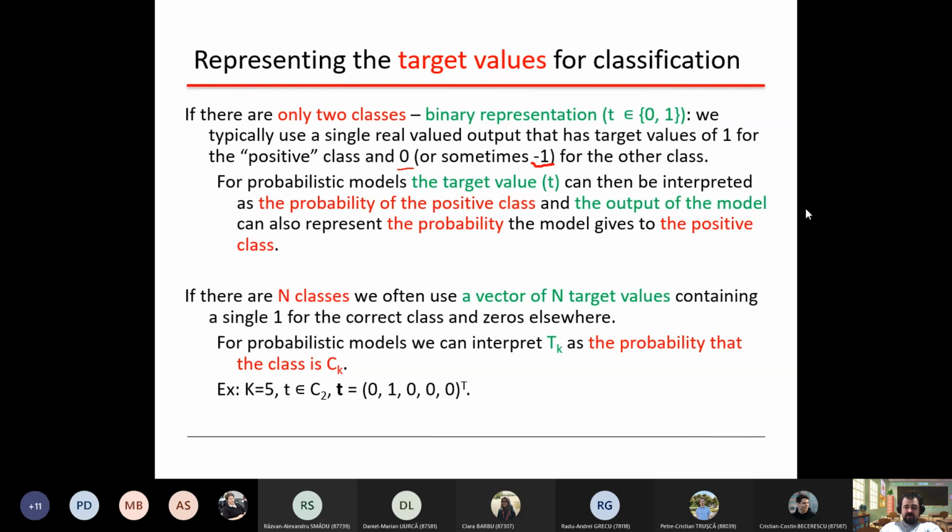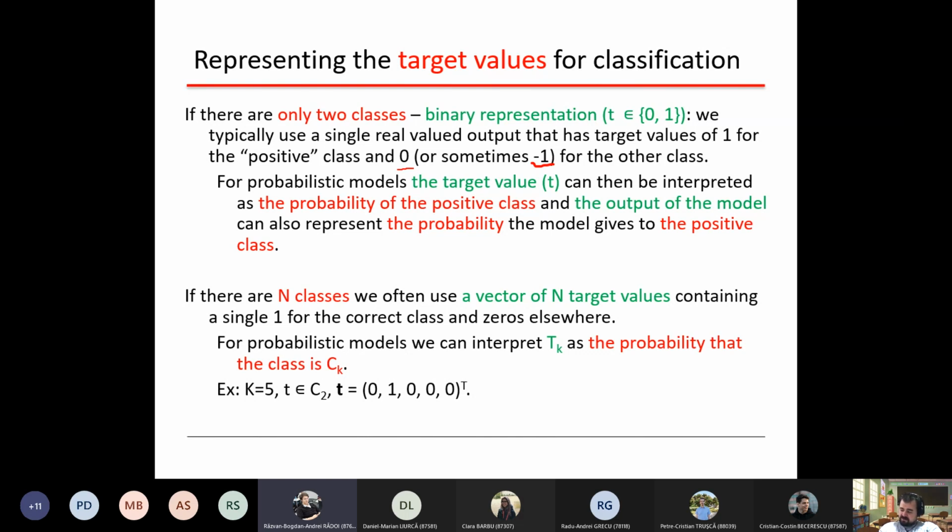Have you ever met the value -1 for the negative class? Okay. Is it used for those kinds of tasks where you intentionally have a bias towards identifying positive examples, and -1 doesn't necessarily signify the presence of the second class, but rather the absence of the first one?